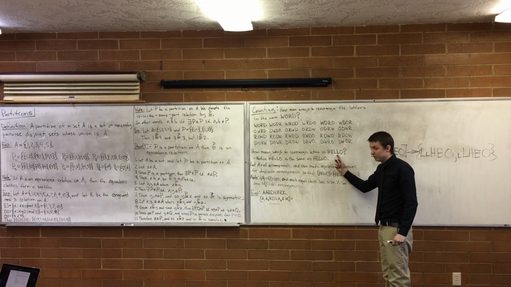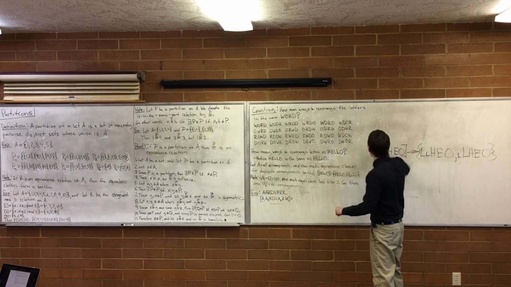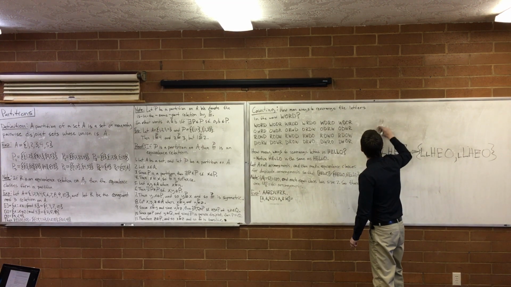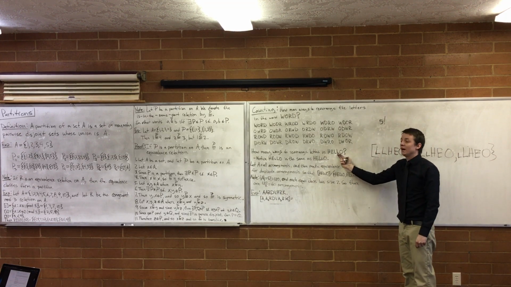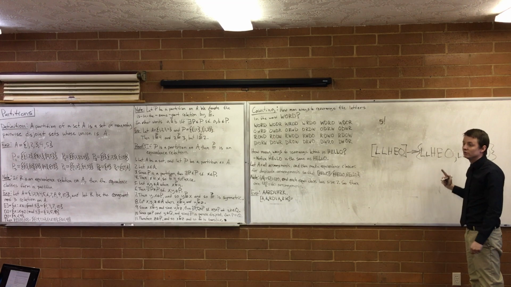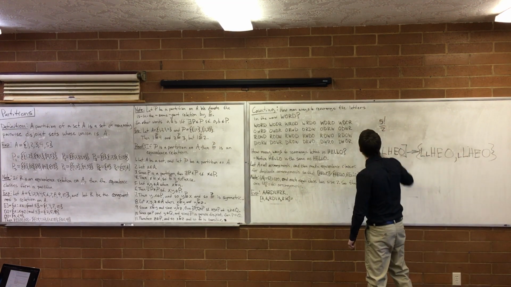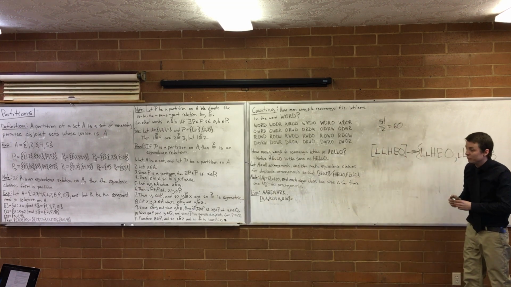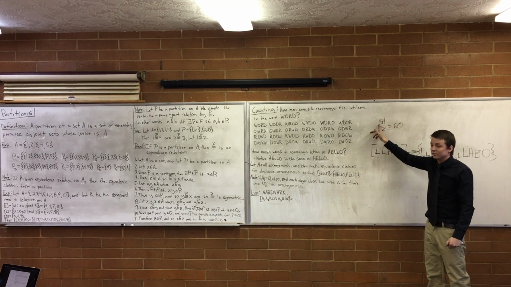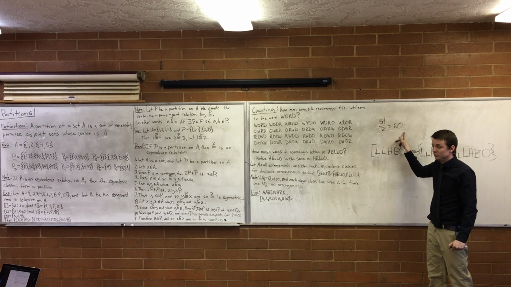You pretend that they were different, count it, which is 5 factorial. And then you say, now, how many times did it actually give me the same one for each of my counts? 2. 2 for every. And that's going to be the general way that we do it. We say, what's the size of the set divided by the size of the equivalence class gives us a count.